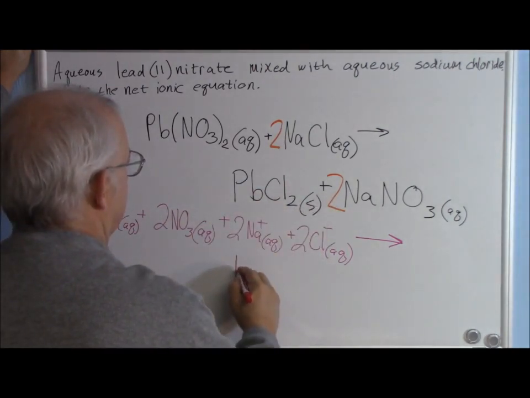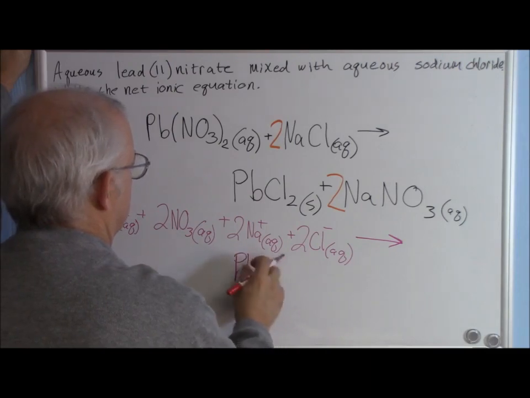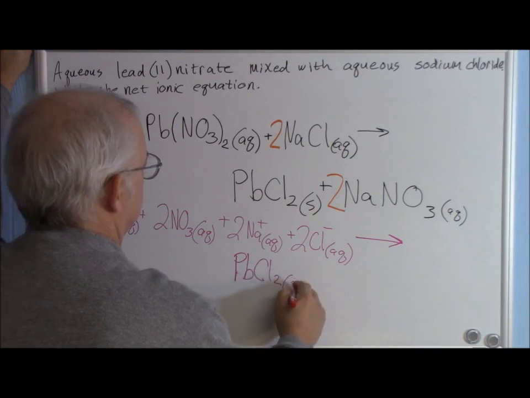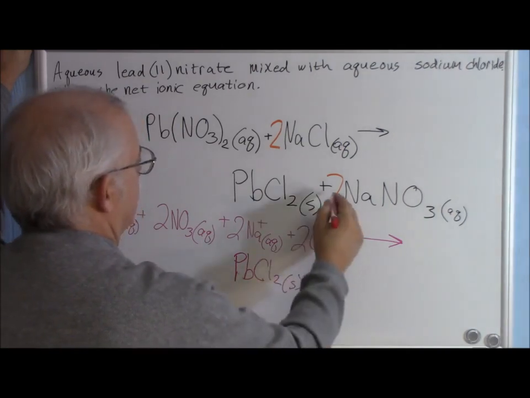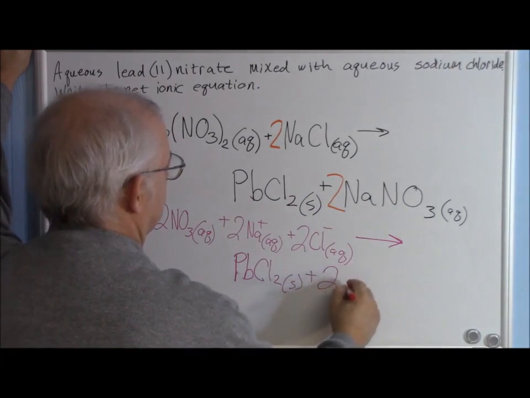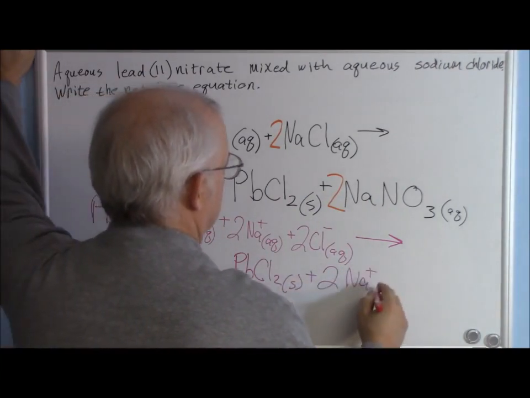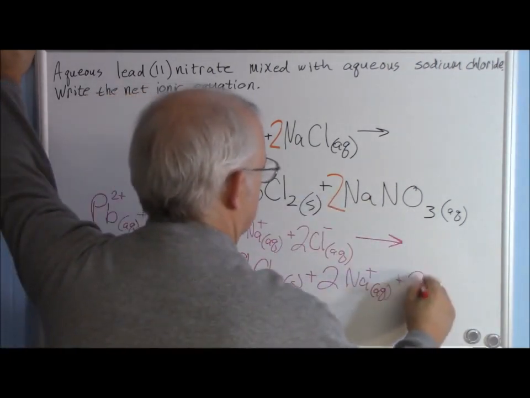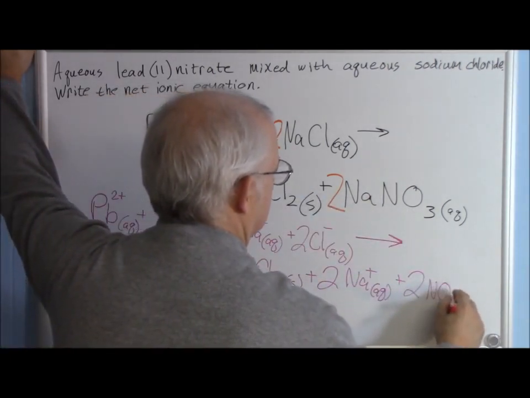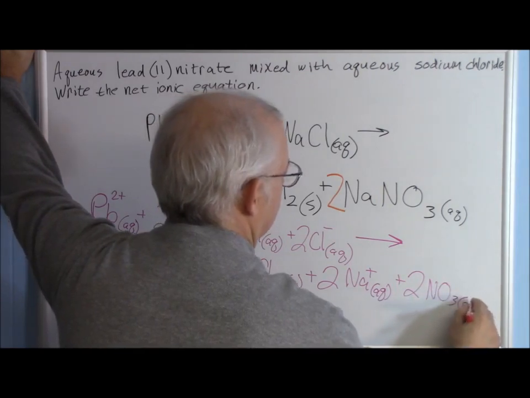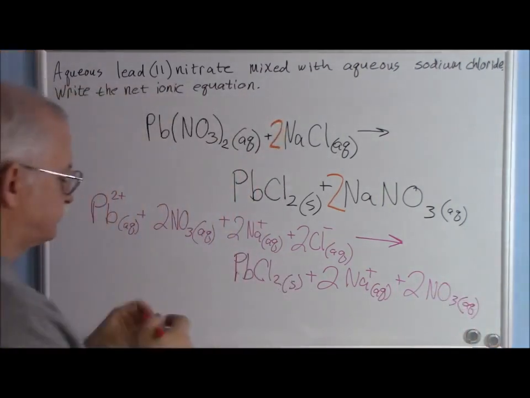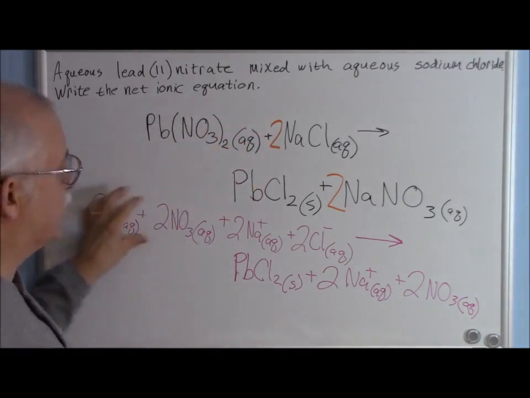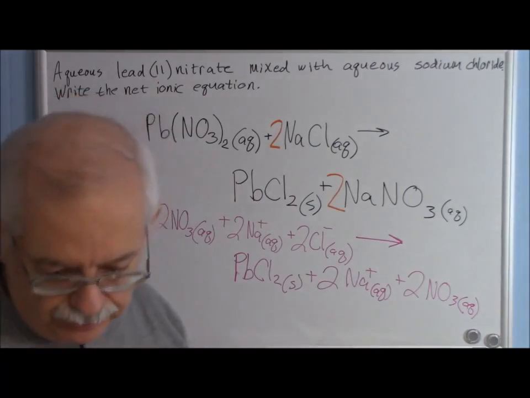So we'll just write that as lead chloride solid plus, now we have 2 sodium ions, aqueous, plus 2 nitrate ions, also aqueous. So we've gone from a balanced chemical equation to a complete ionic equation.